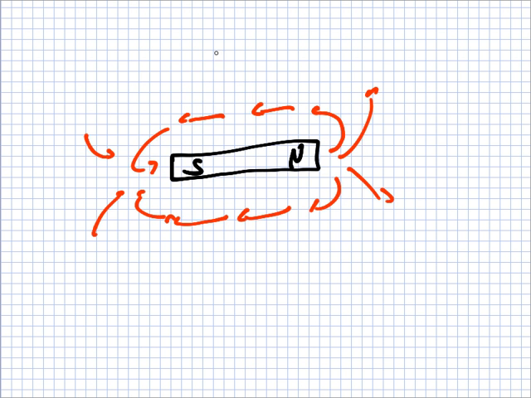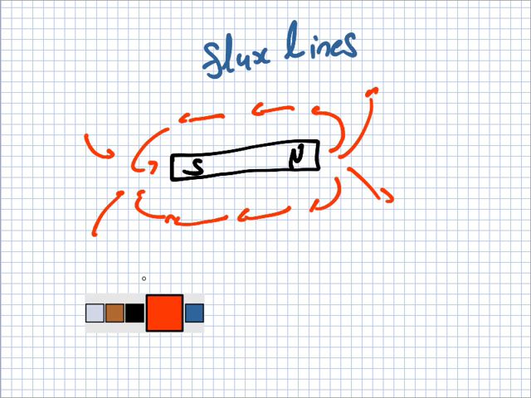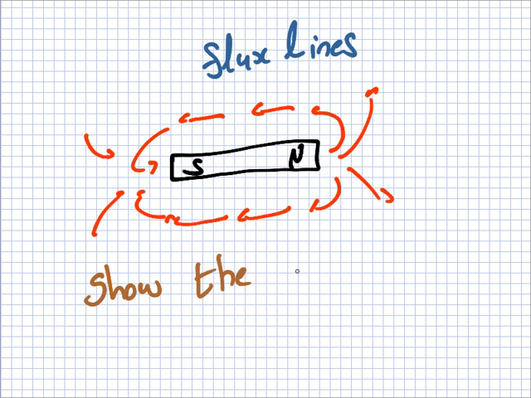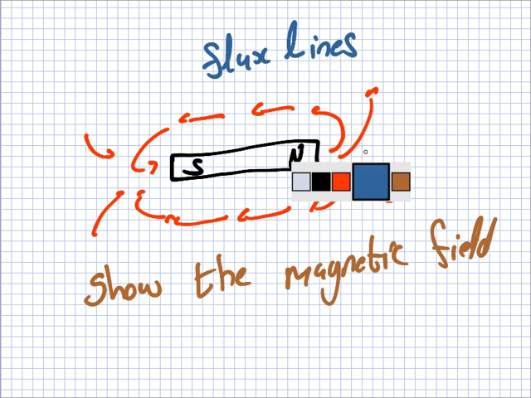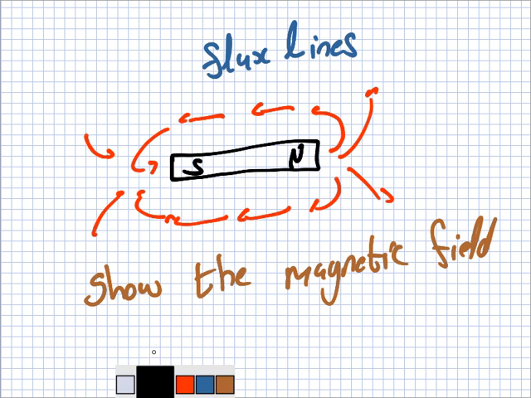These are called flux lines, and they basically show the magnetic field. So they're kind of a little bit like force, a little bit like electric field lines. It's certainly a vector field. These are the flux lines.